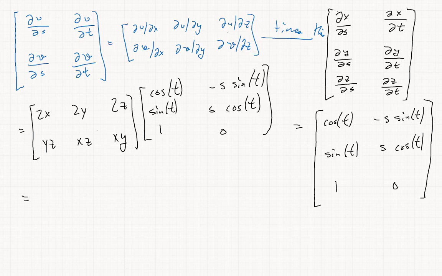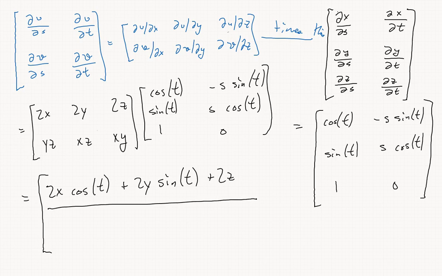Right, and so that will be 2x cos t plus 2y sine t plus 2z. And so this is just one entry, so let's split this up.